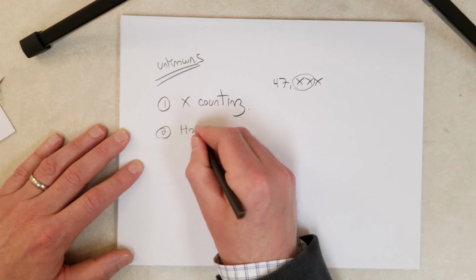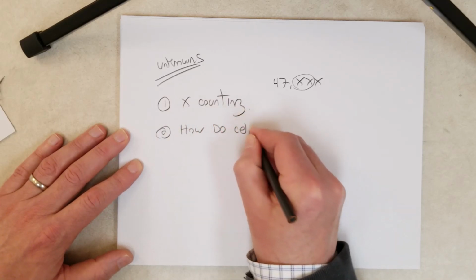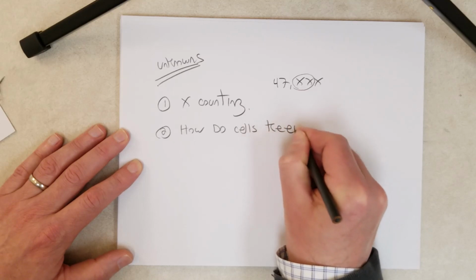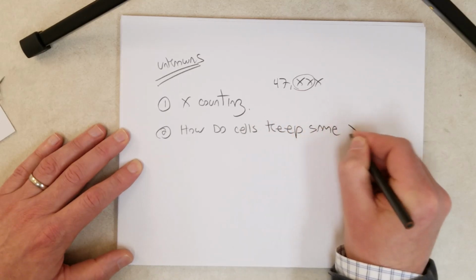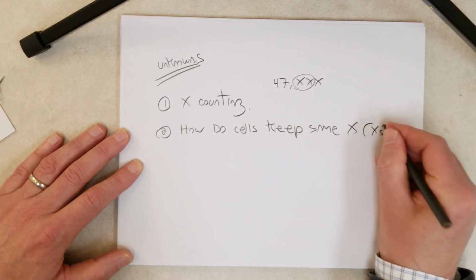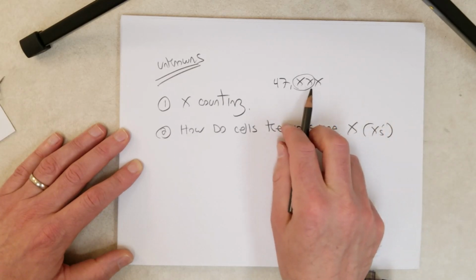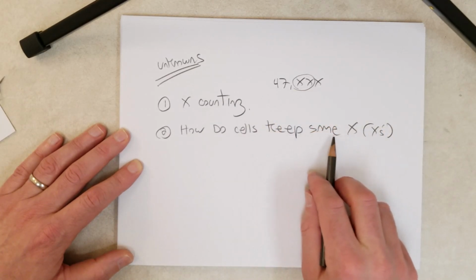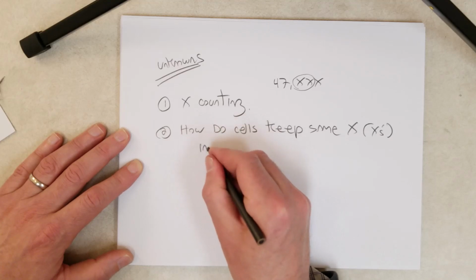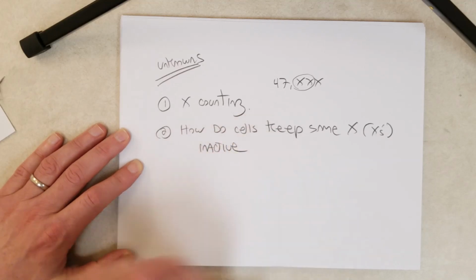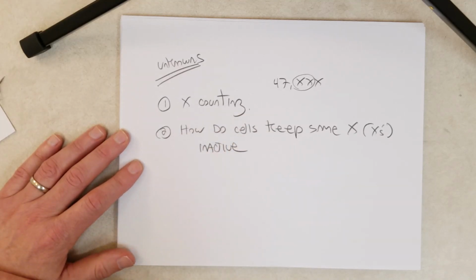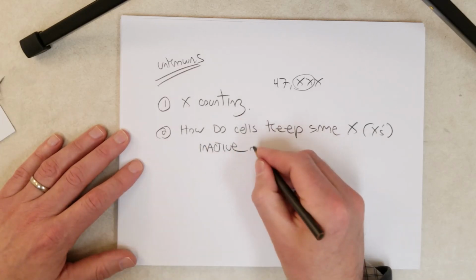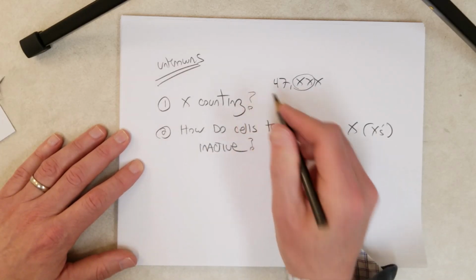Number 2, how do cells keep the same X's inactive? I put X's right here because like we said before, sometimes cells can have 3 X's. How do they keep the same X inactive through replication and cell division? Essentially unknown.